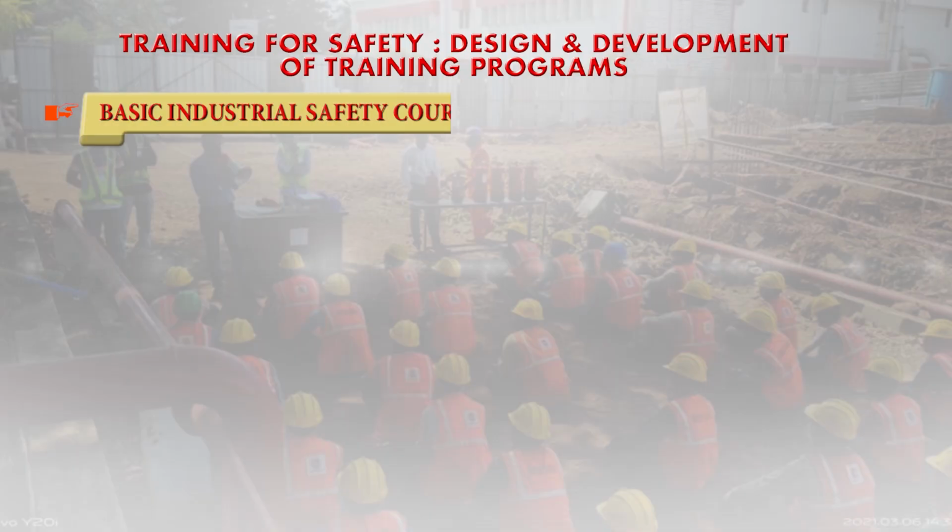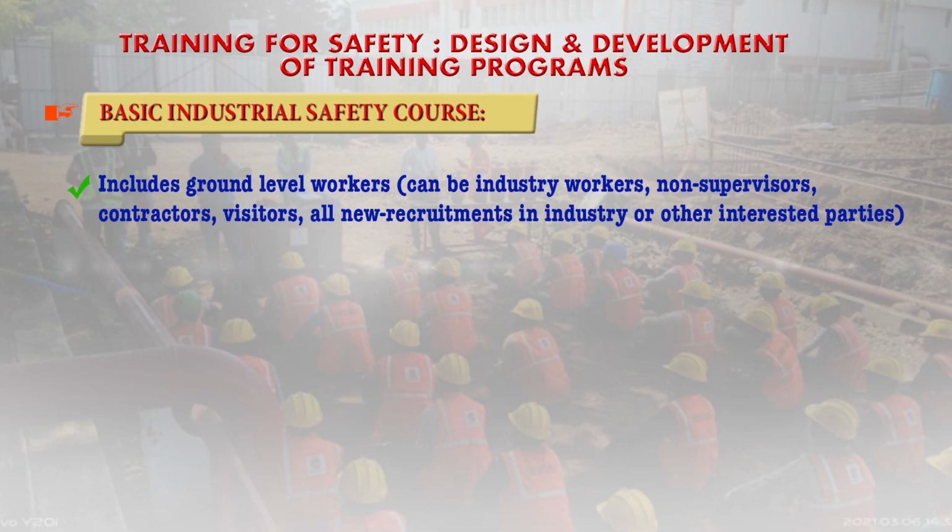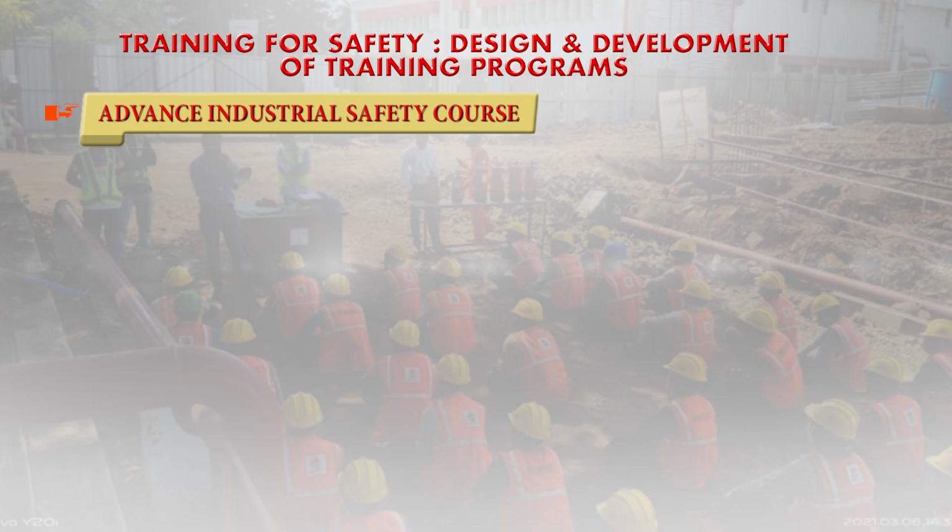In designing training programs for different levels of participants, the following categories may be considered. For example, the basic industrial safety course, which includes training or awareness for ground-level workers, non-supervisors, daily-basis workers, contractors, or any visitors who visit our premises.